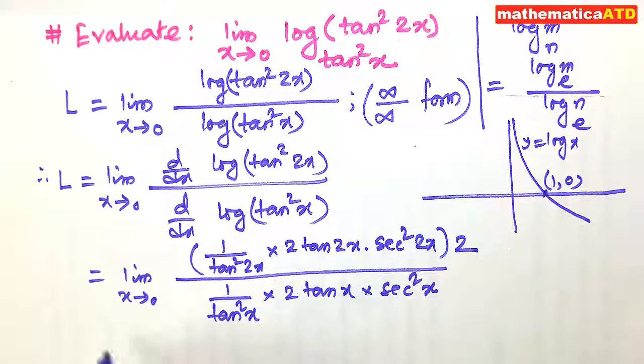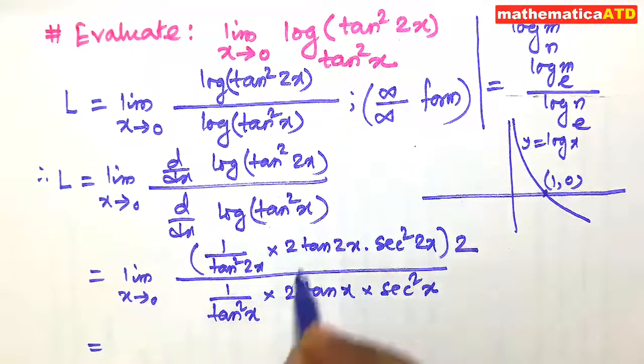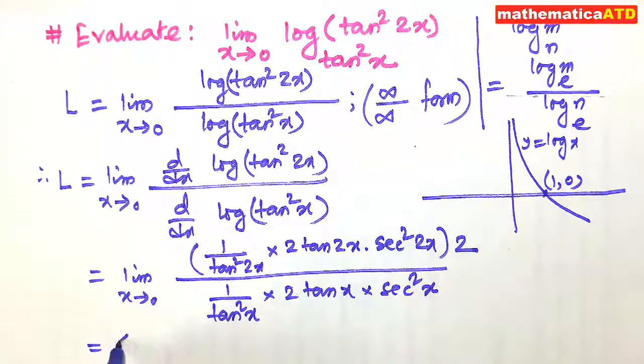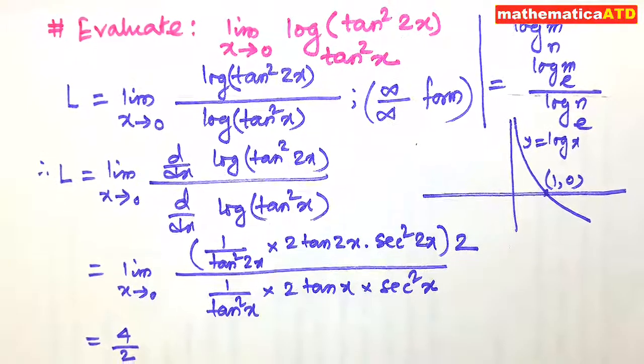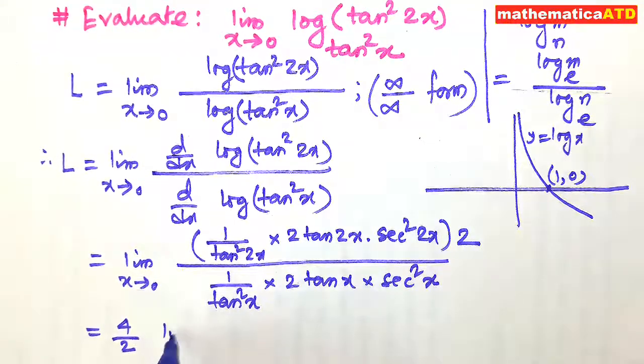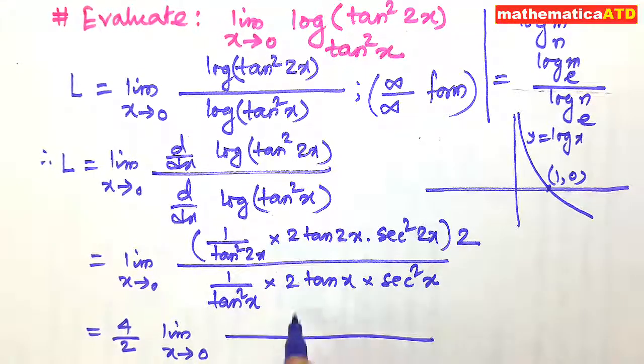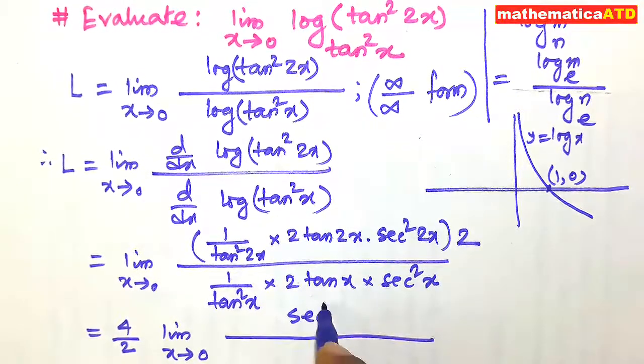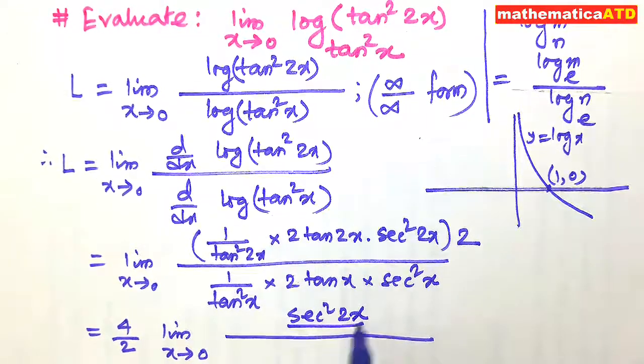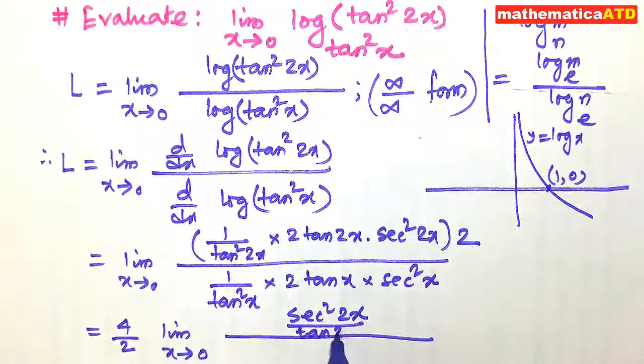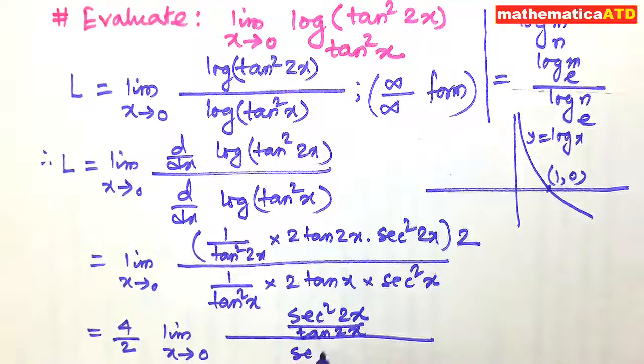So here we can write 2 outside of the limit, and 2 outside in the denominator, so 4 divided by 2 into limit x tends to 0 of sec square 2x divided by tan 2x divided by sec square x divided by tan x.